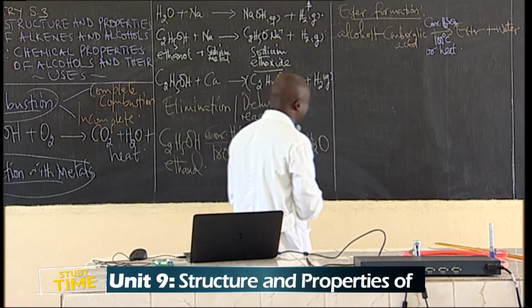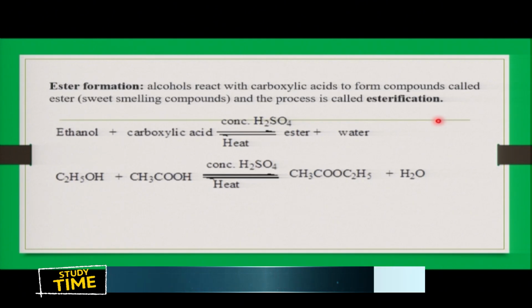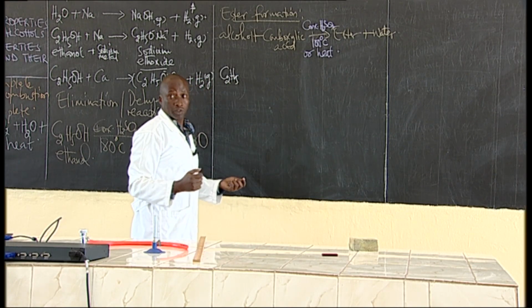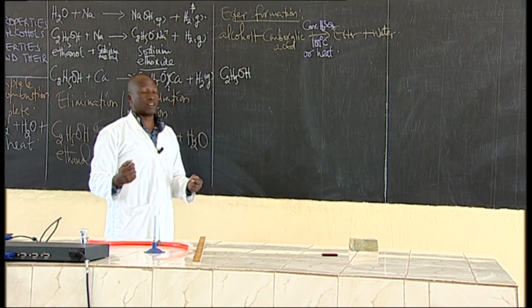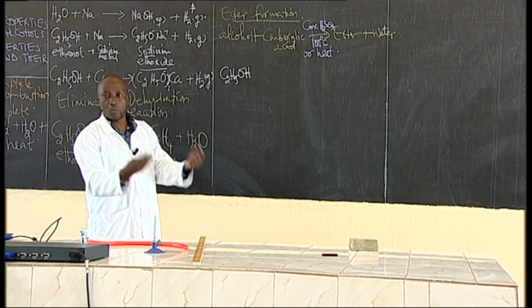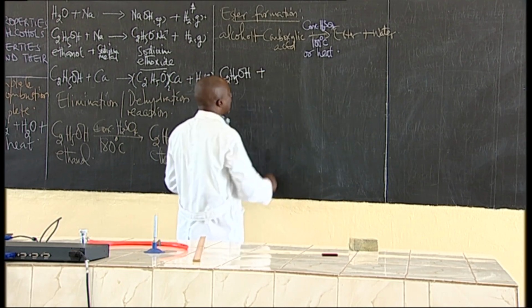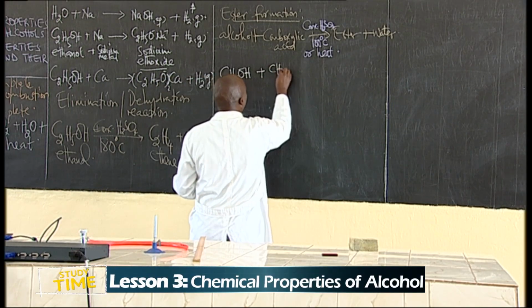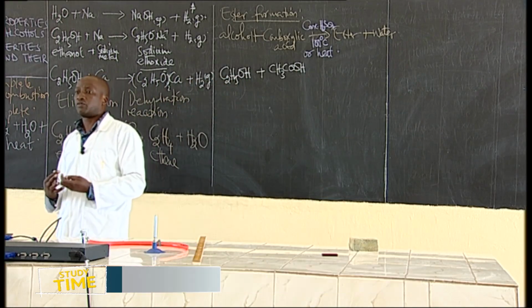So we can use any type of alcohol. So if we use, for example, ethanol, which is the simplest common alcohol, but we have methanol as well. So this is the simplest or the common type of alcohol that is known. Then we add carboxylic acid. We use ethanoic acid or acetic acid, which is a component of vinegar.